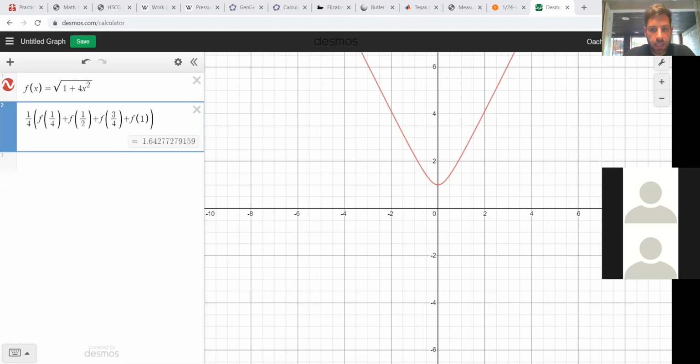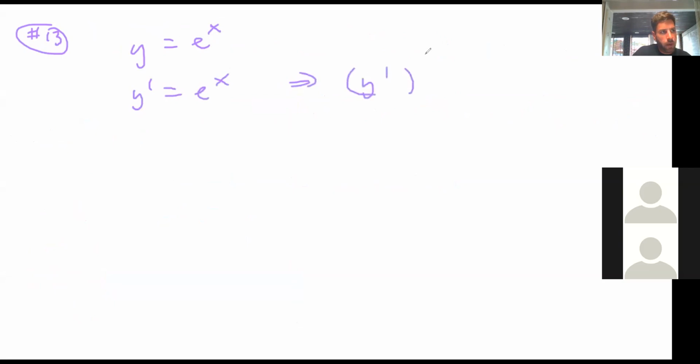So if I give you a hint on that, so for 13, what you're interested in is y equals e to the x, I believe, right? Yeah. So what's the derivative of that? The derivative is e to the x, and so the derivative squared is e to the 2x.